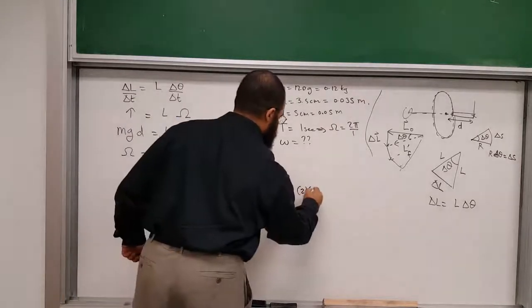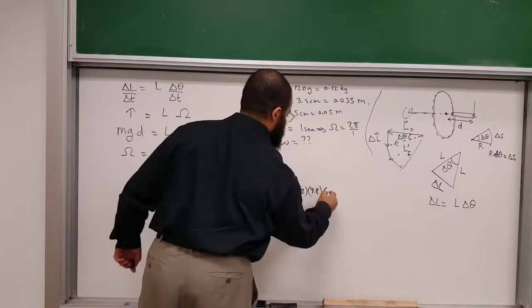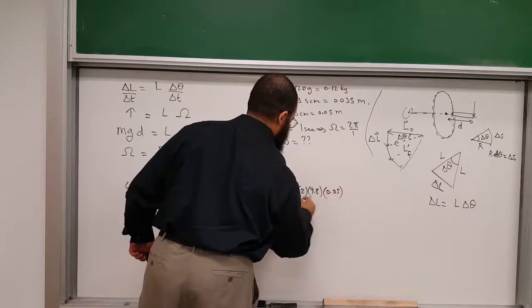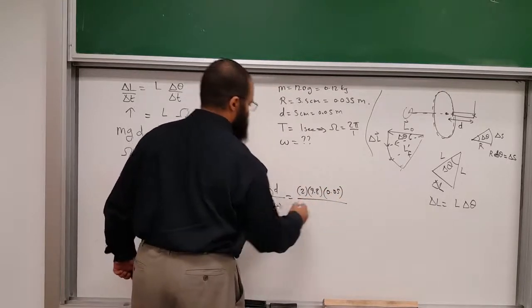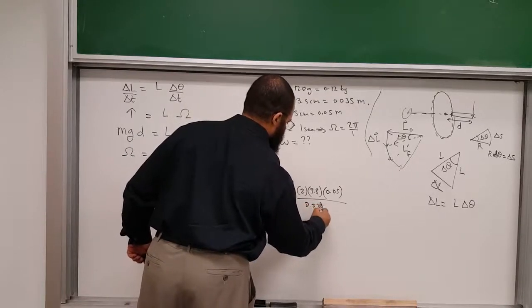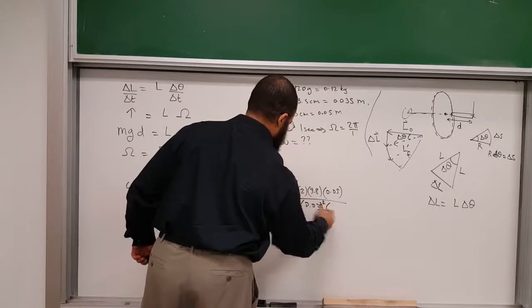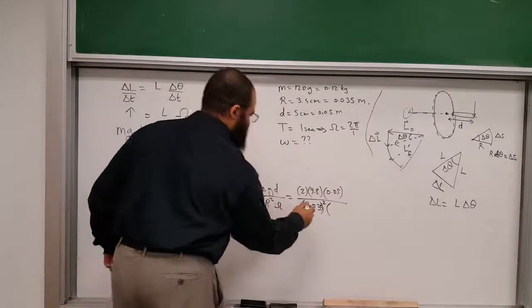So 2, 9.8, D is 5 centimeters, so 0.05. R is, what's the radius of this disk? 0.035. You have to square it, times capital omega, and capital omega is 2 pi.